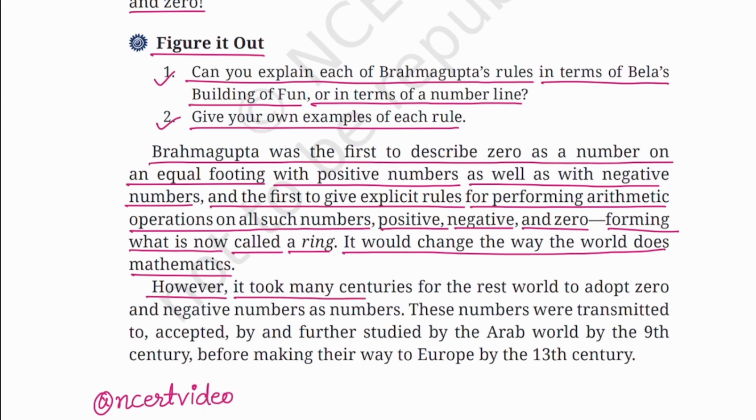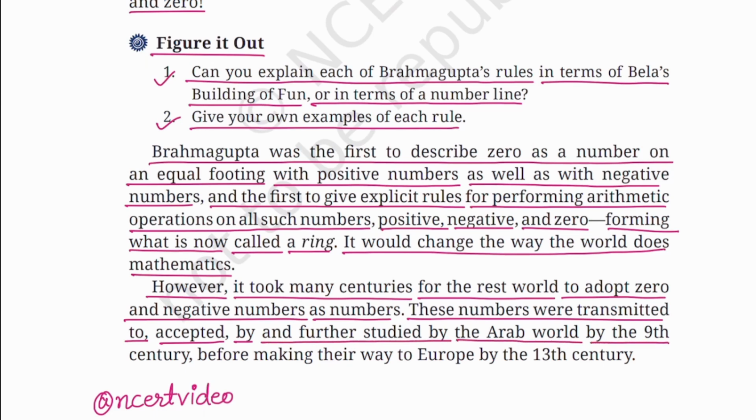However, it took many centuries for the rest of the world to adopt 0 and negative numbers as numbers. These numbers were transmitted to, accepted by and further studied by the Arab world by the 9th century before making their way to Europe by the 13th century.